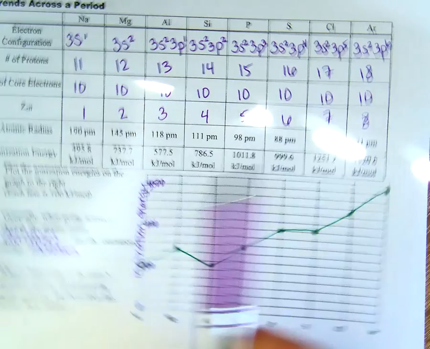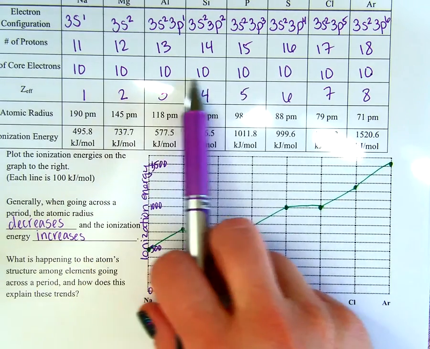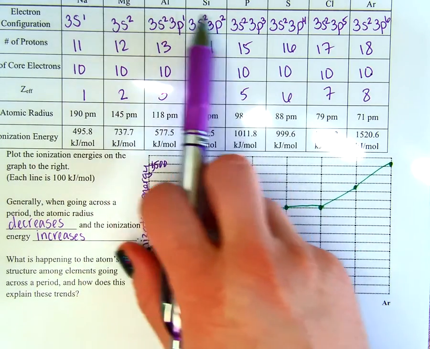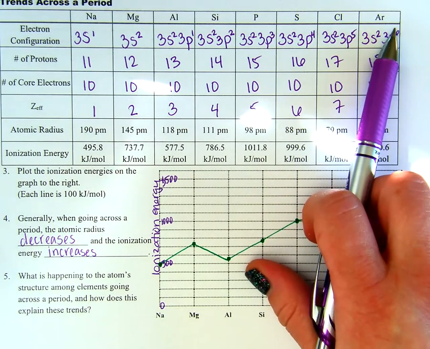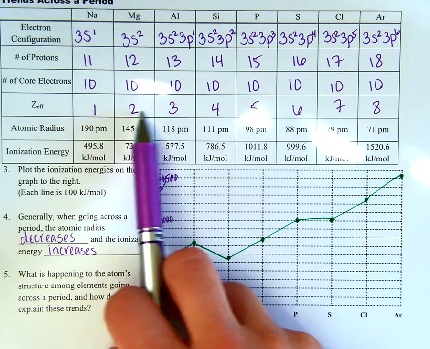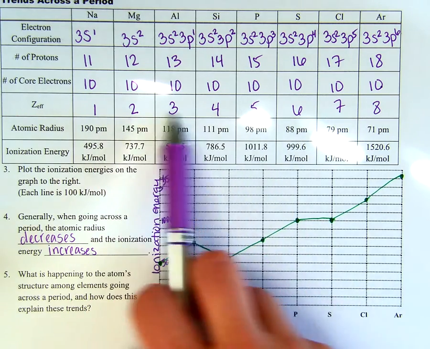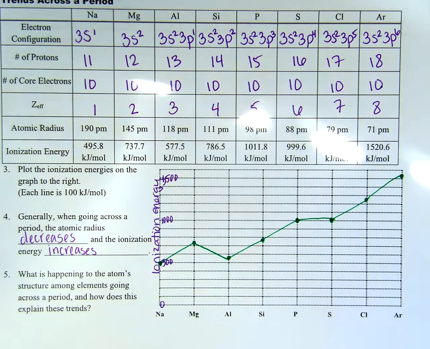So as we move across, the nucleus is getting more and more positive. It's getting more and more protons in here, right? So if we have more and more protons, we have a bigger positive charge. Therefore, your Z effective is going to increase. And since your Z effective is going to increase, the electrons are more attracted to the nucleus. If those electrons are more attracted to the nucleus, they're going to be harder to remove.